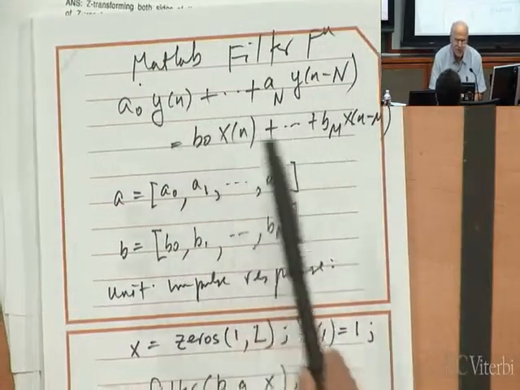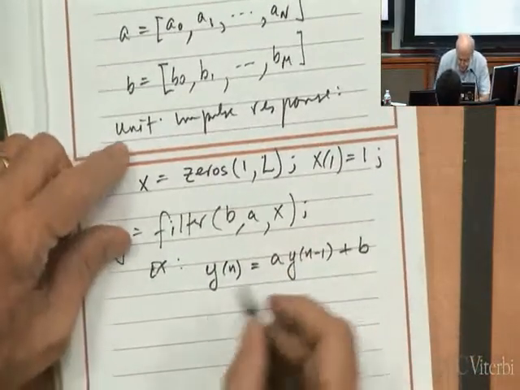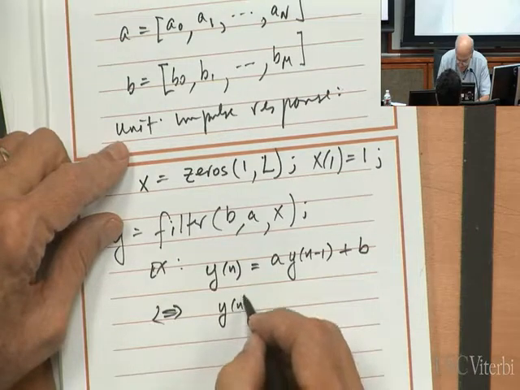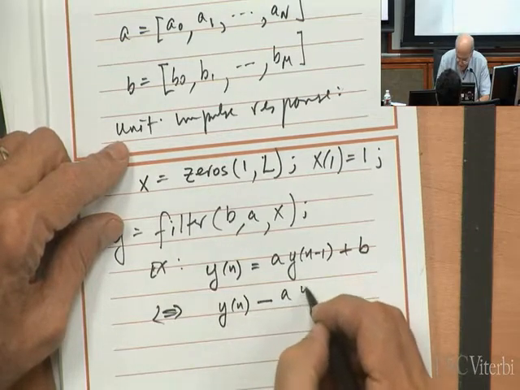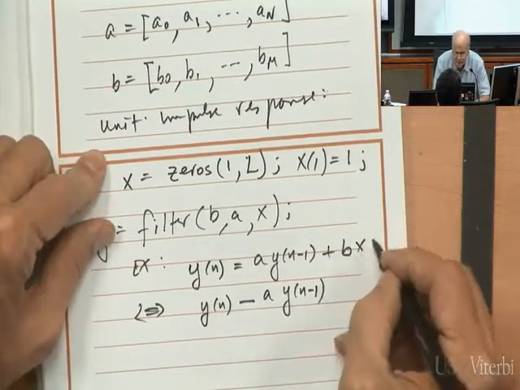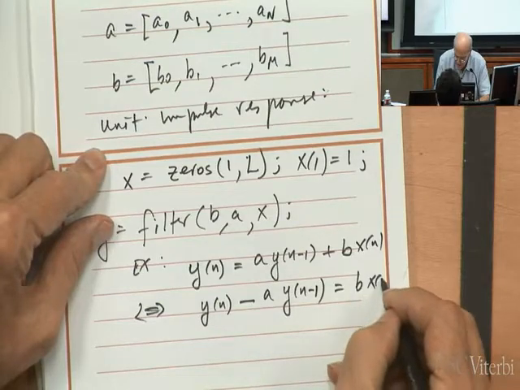So if you write it like this, then you have to put that back to this side, minus a times y of n minus 1. Oh, I'm sorry, that should be x of n, is equal to b times x of n.